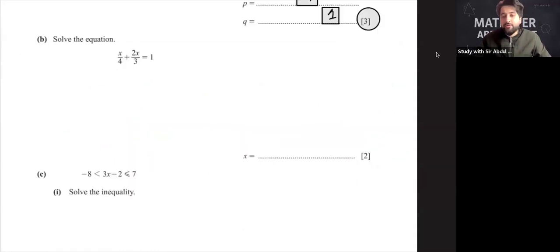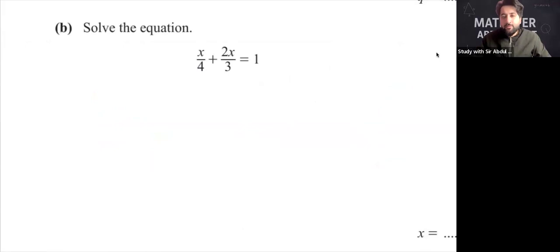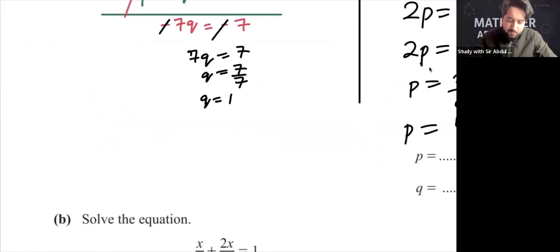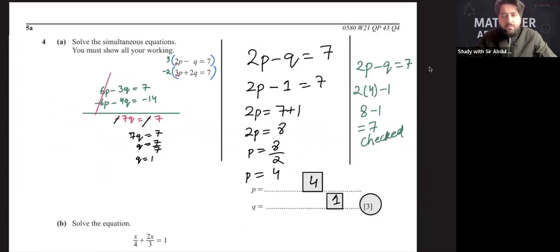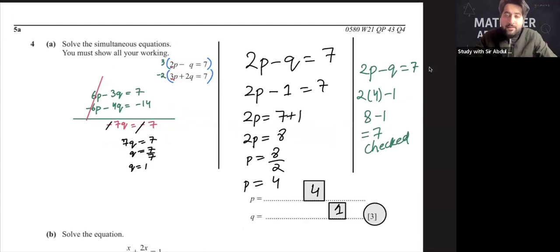Okay, solve the equation. I am going to solve the equation, but before that, I should know what I can do in this particular part. So yes, if you can unmute yourself. Sir, in the previous question, what was the second method that we can solve by? The better question. The second method for solving the simultaneous equation is the substitution method.